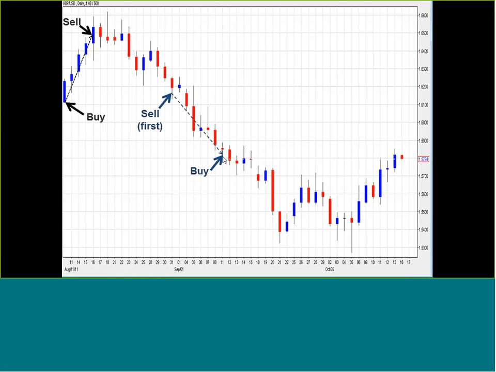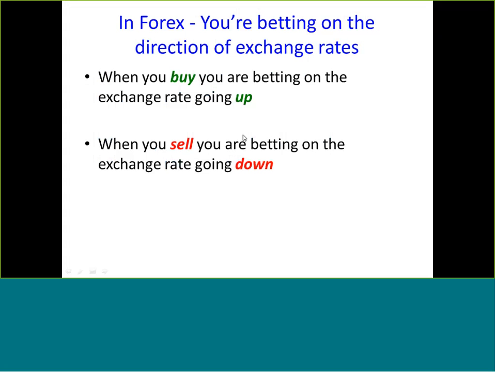And because we're only betting, or we're only speculating on the movements of the exchange rate, which we'll get into in 1 minute, we're not physically selling anything, so we don't need to physically have anything to sell. We're just betting on the direction that this chart will go based upon the exchange rates, which we'll get into in just a moment here.